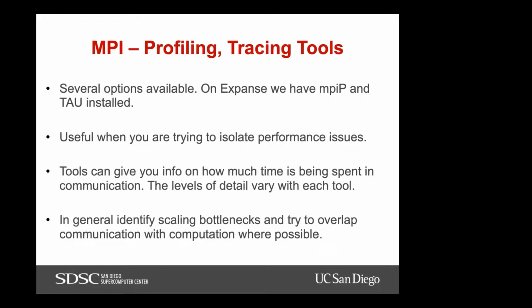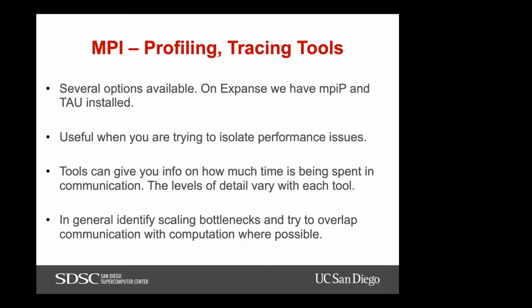Now, one of the key things that you have to think about when you're running with MPI and trying to find out why something is not scaling as you think it should, is to look at profiling your MPI job, right? There are always tools available on the system. We have several options available on Expanse. We have mpiP and TAU.